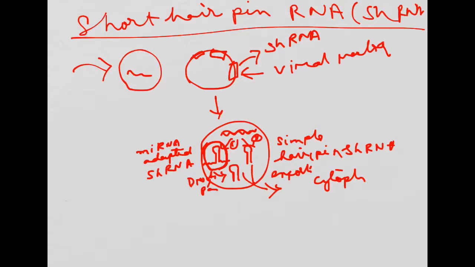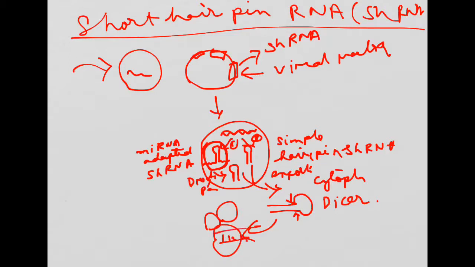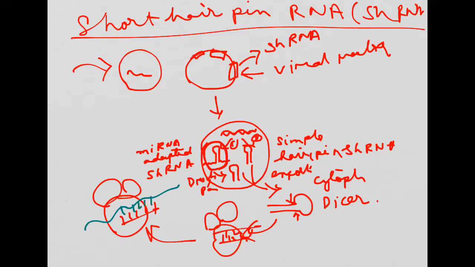Now its processing mechanism is similar to siRNA and miRNA, because this will be cleaved by the Dicer molecule and then loaded into the RISC protein. Then the guide strand will direct this RISC protein to bind to the target mRNA molecule, and that will result in cleavage of the target mRNA molecule, resulting in gene silencing.